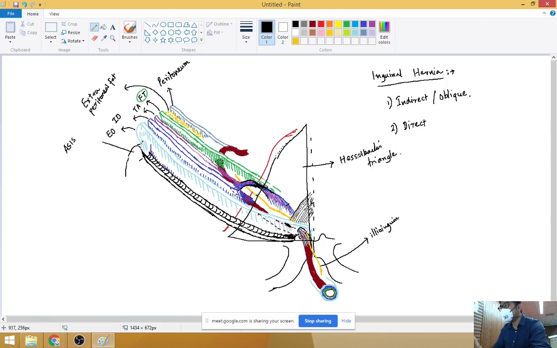Just see the spelling, I am making spelling mistakes most often. So this is the Hasselbach's triangle.